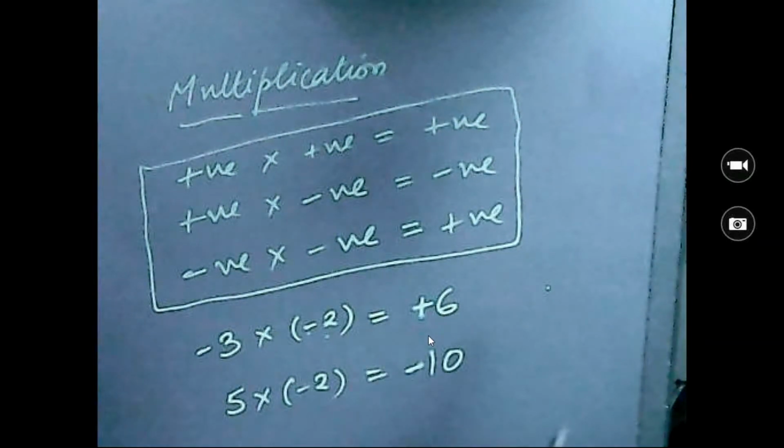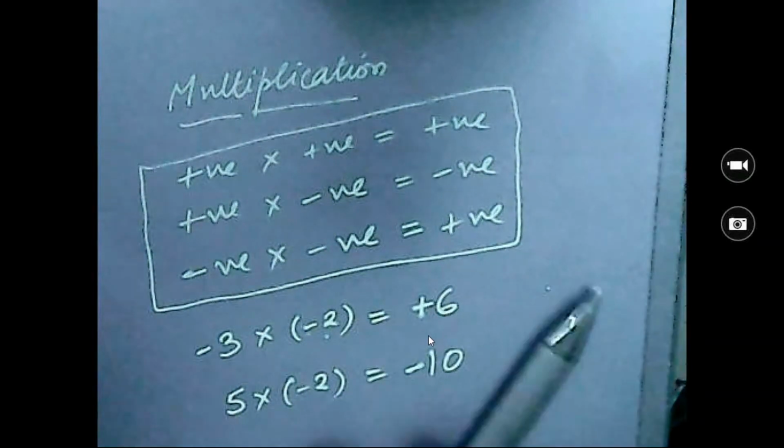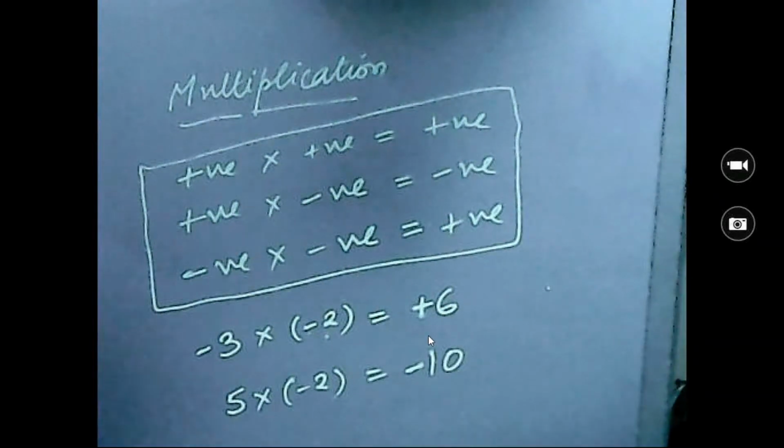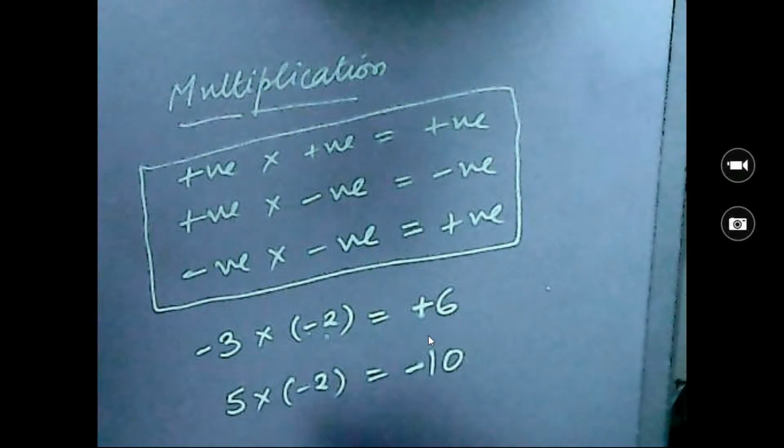Okay. Now we have a special case for addition here. Let's say we have a negative number and we add it with another negative number. The result will be negative, and it will be addition.